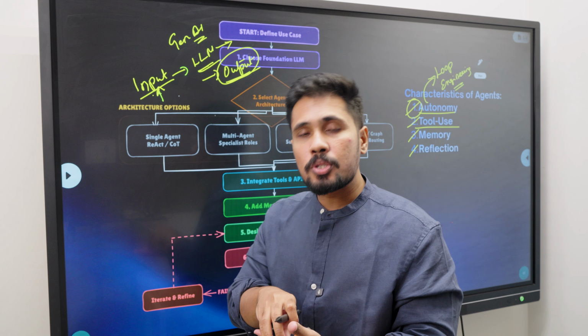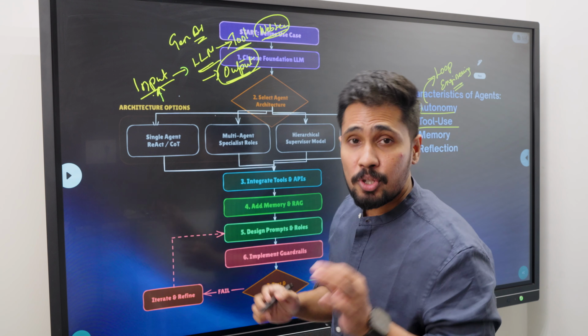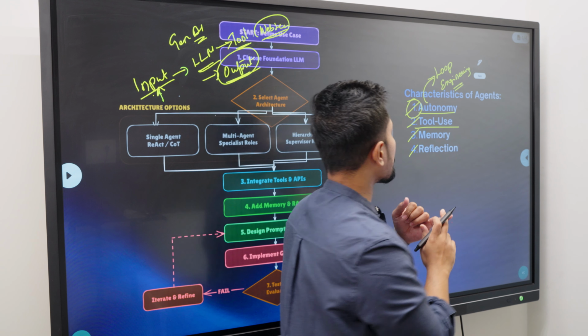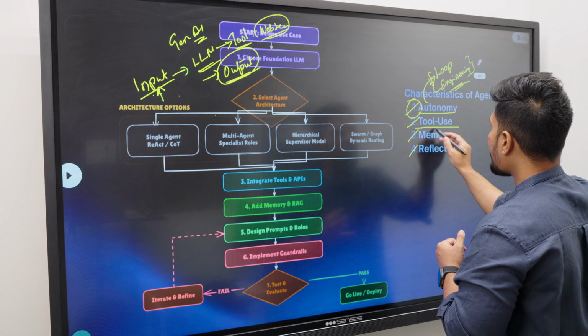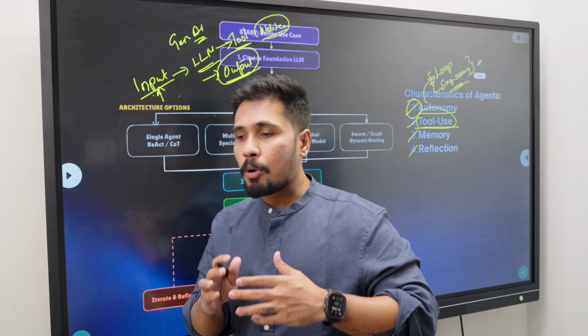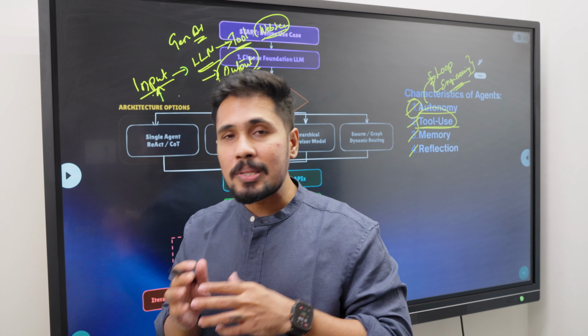So when you connect your LLM model with tools, we call it an agent. Again, every agent needs to behave autonomously. You achieve autonomy with the help of loop engineering, and then you provide tool use in order to search the internet, run your Python code, or send an email.